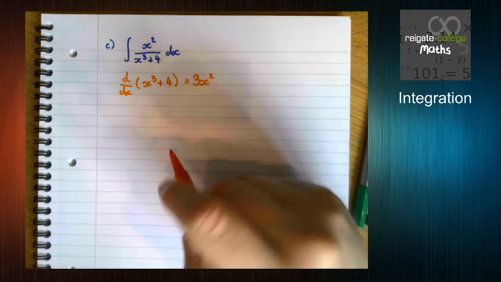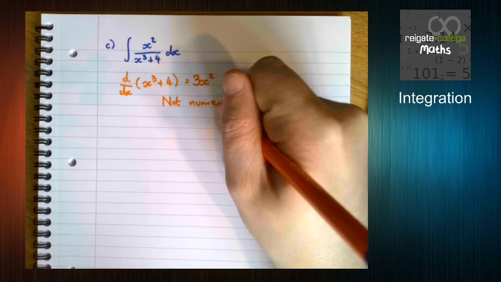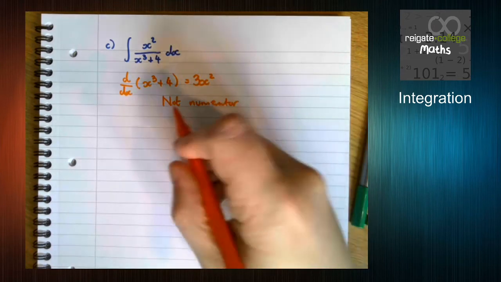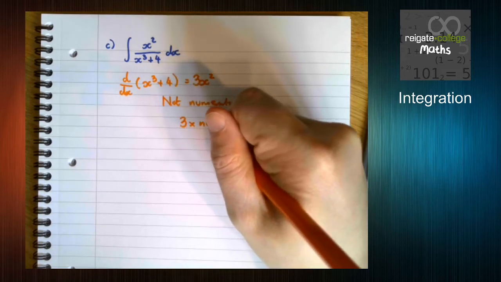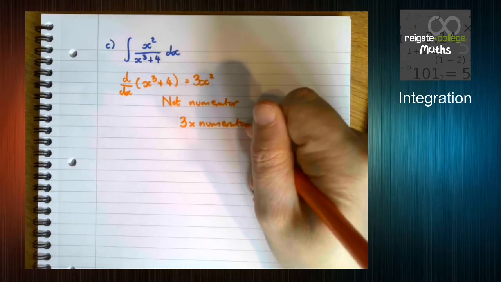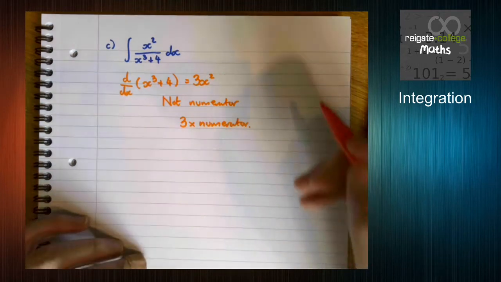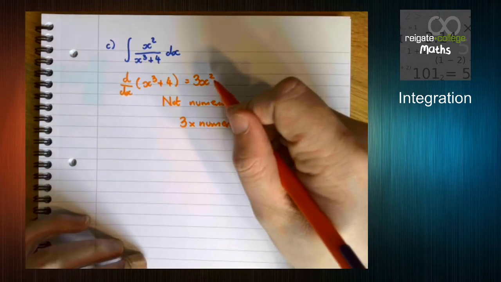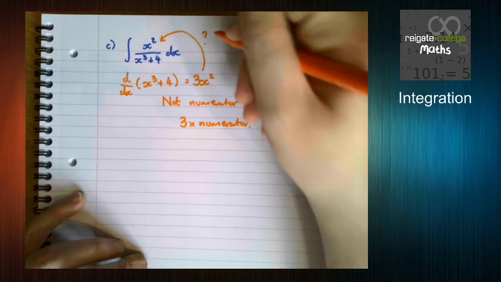Now this is not the numerator, but we can see here, in this case, it's 3 times the numerator. So what we need to think of is how do we get from this to this?